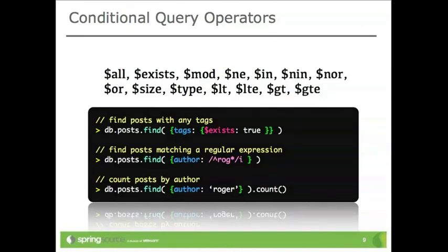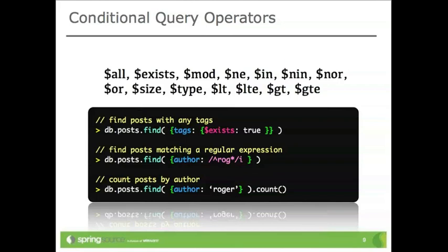Now, MongoDB's query language is pretty rich. We have a number of query operators you can use inside of queries to do things like range queries, to check the type of fields, and to do more complex things. So, some of the query operators we support are the all field, which matches arrays that contain a number of values. The exists field, which lets me test whether or not a field exists in a document.